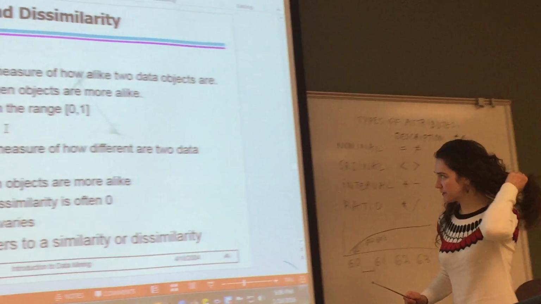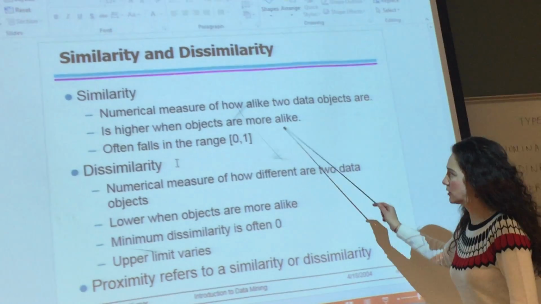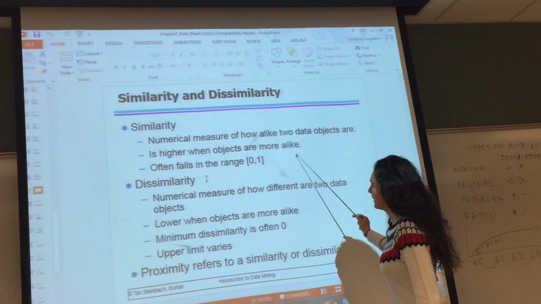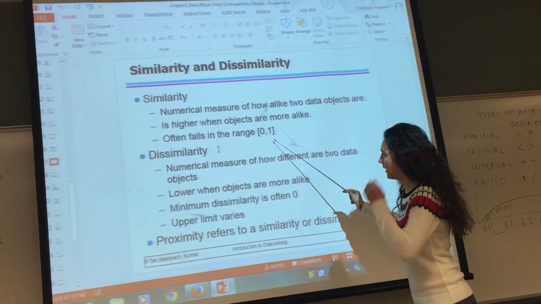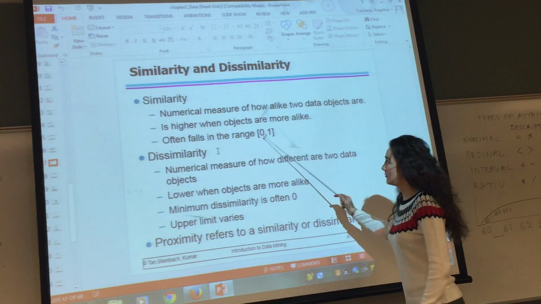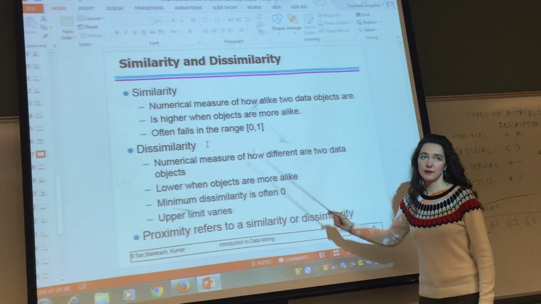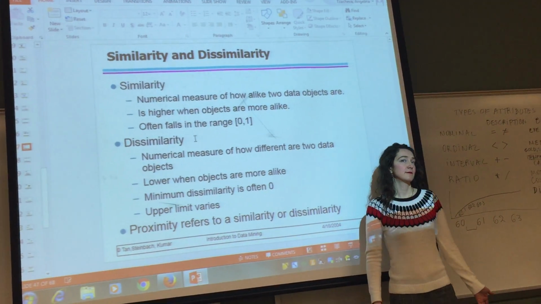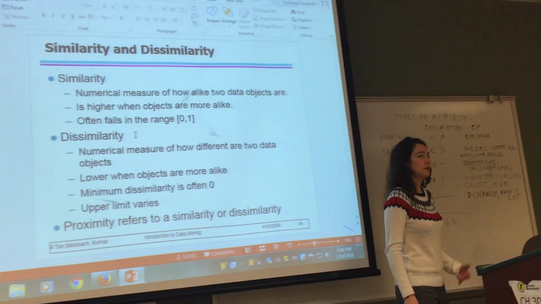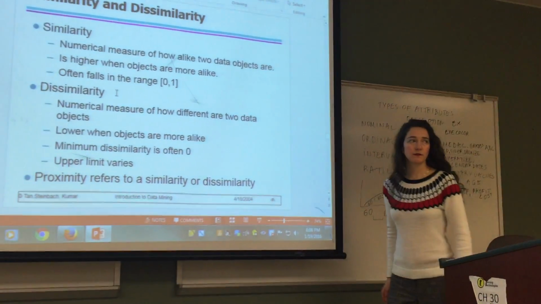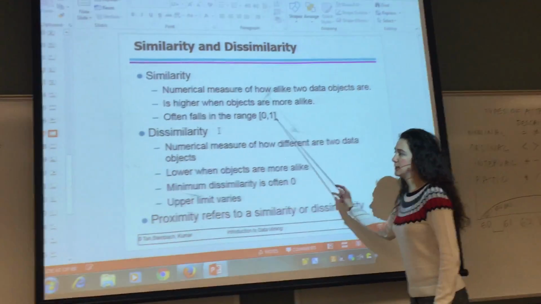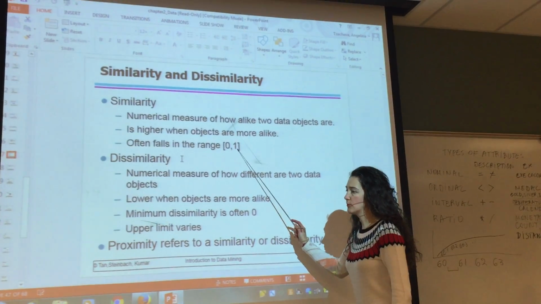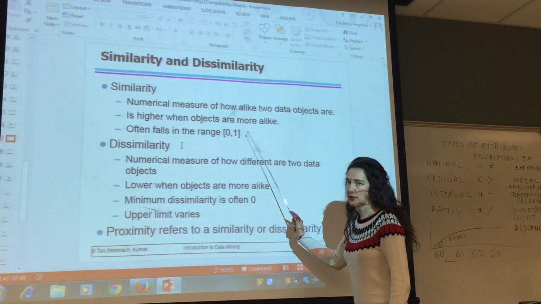The higher the similarity, the more alike the objects are. Usually these values are between 0 and 1. If the similarity is 0, this means these objects have nothing to do with each other. If the similarity is 1, this means the object is exactly the same as the other object.